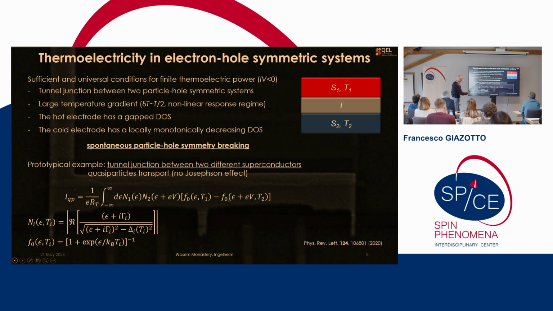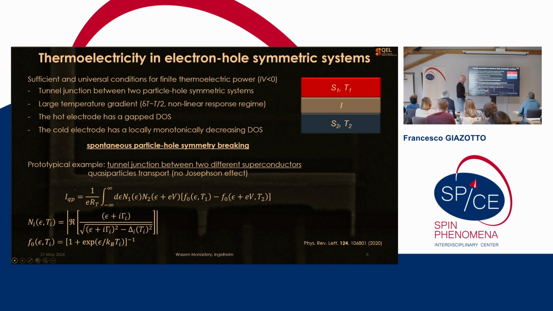As I stressed again, the temperature difference is of the order of the average temperature. We are strongly in the non-linear regime in temperature. So a very large thermal gradient, okay? This is the point. No linear response regime. And we need the hot electrode to have a gapped density of states, and the cold electrode to have a locally monotonically decreasing density of states.